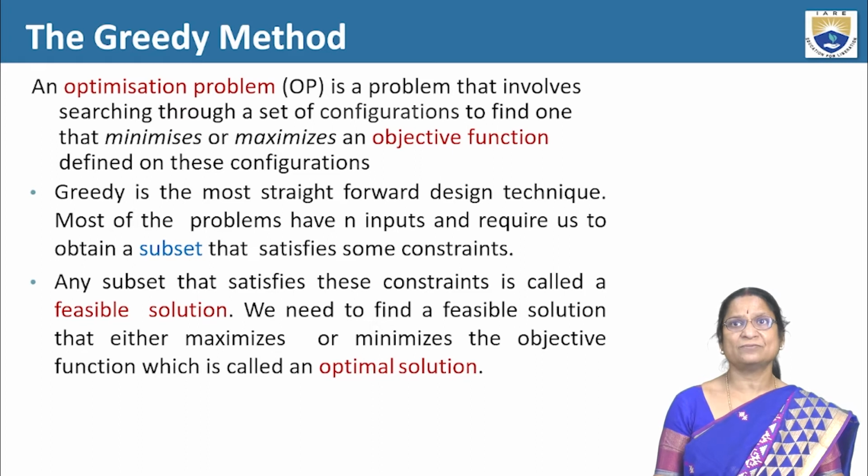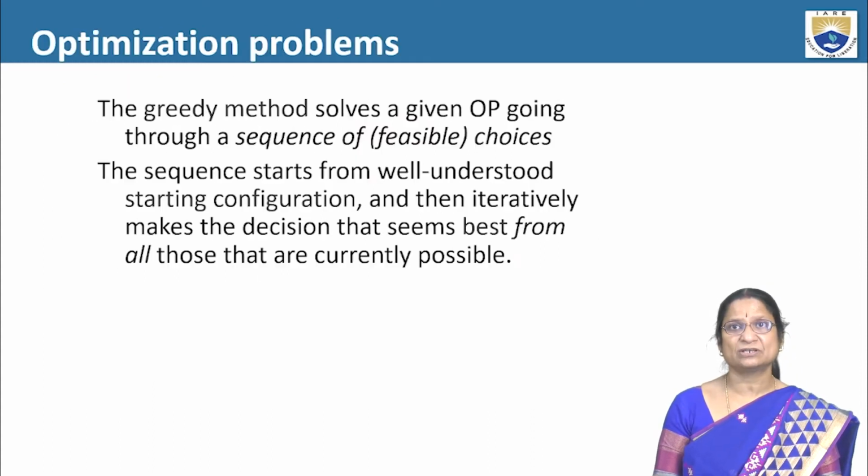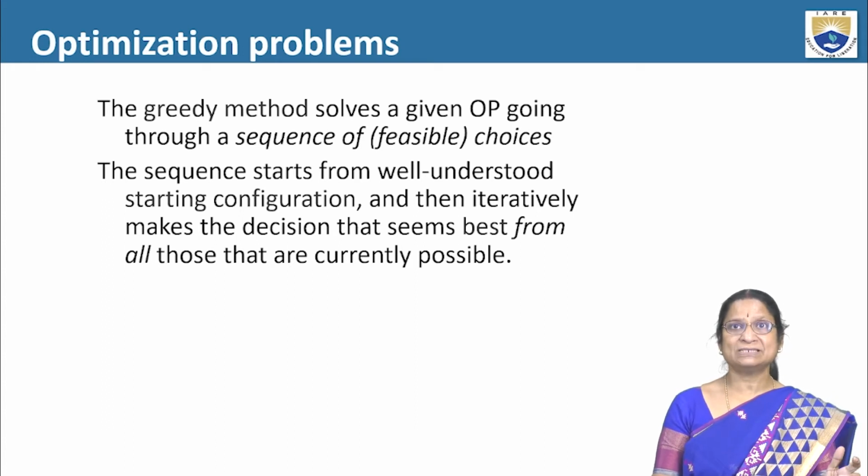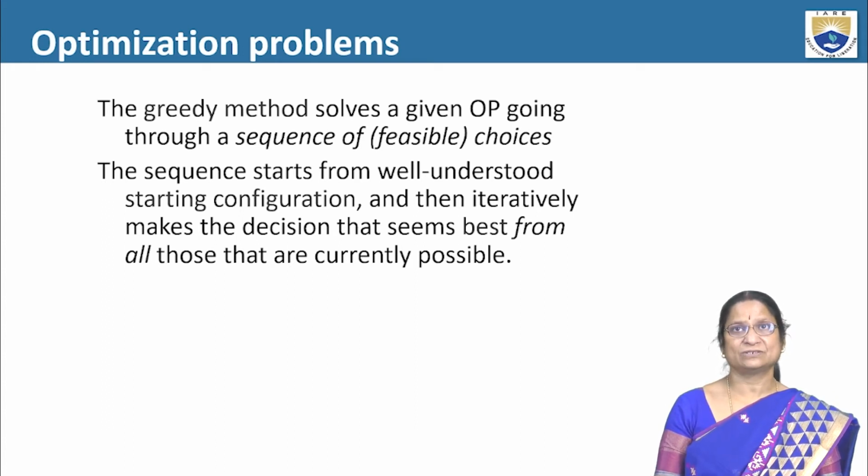Most of the problems have n inputs and require us to obtain a subset that satisfies certain constraints. Any subset satisfying these constraints, as we earlier defined, is a feasible solution, and any feasible solution which gives the best value is the optimal solution. So a greedy method solves a given optimization problem by going through a sequence of feasible choices.